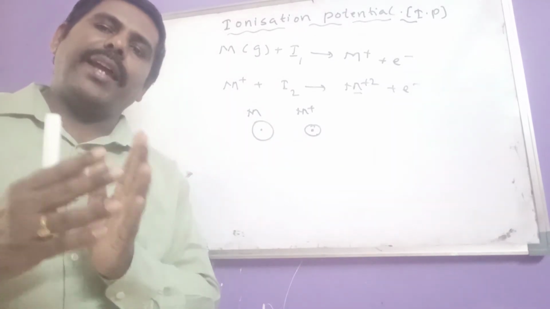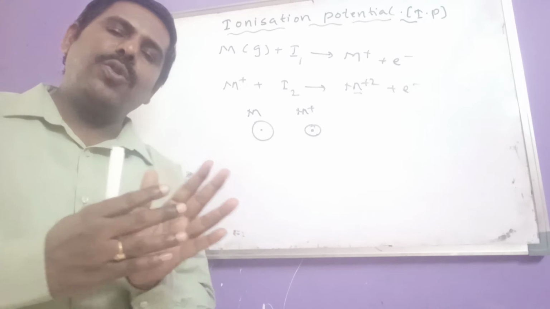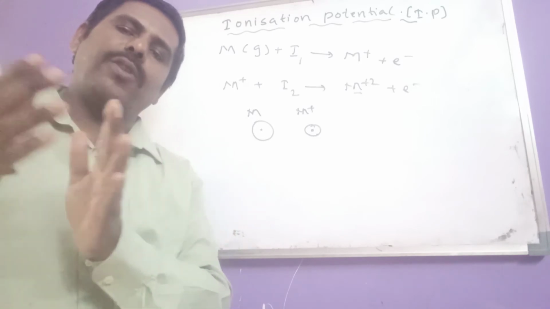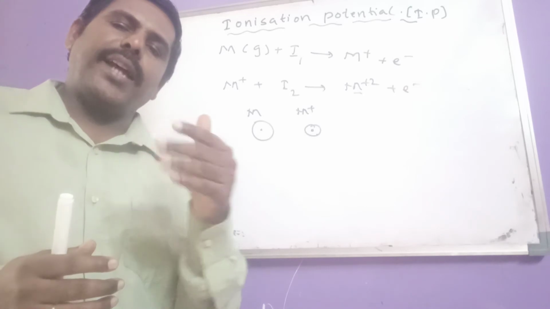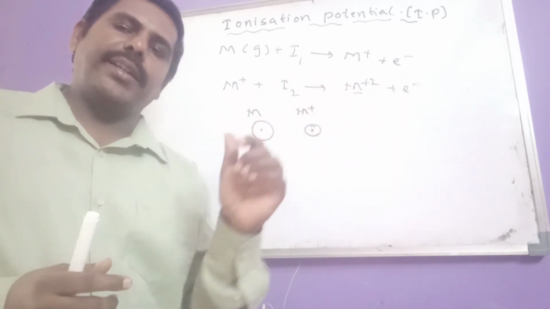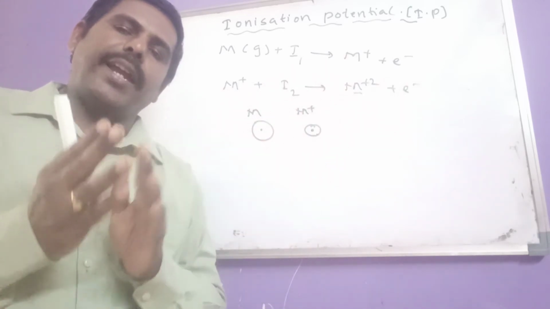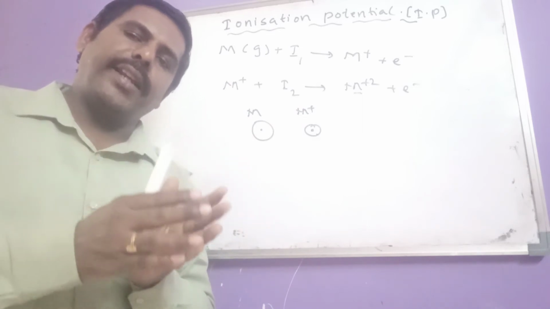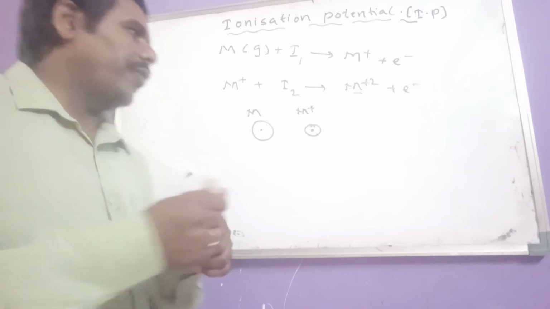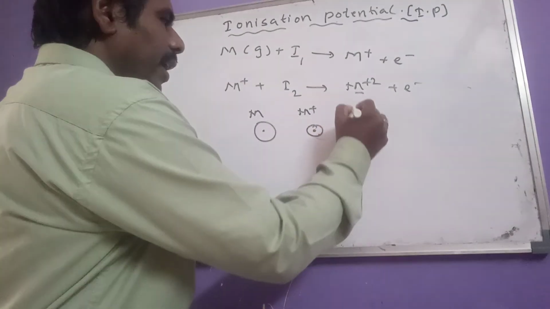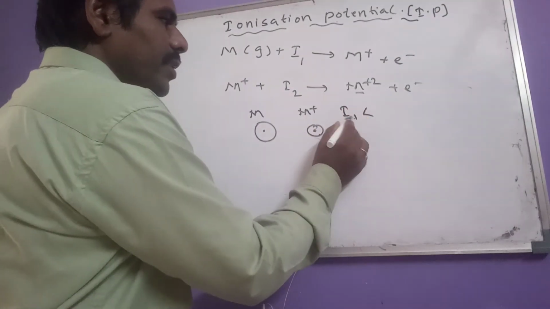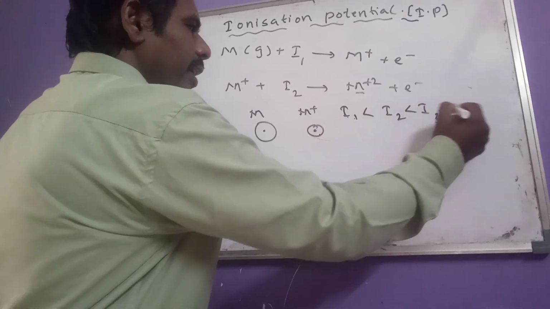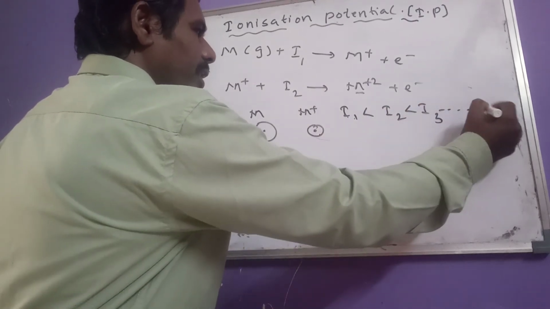And similarly, as we move forward, that means IP3, IP4, IP5, the ionization potential increases successively. That means IP3 is greater than IP2, IP4 is greater than IP3, and so on. So for any given element, IP1 is less than IP2, which is less than IP3, and so on.